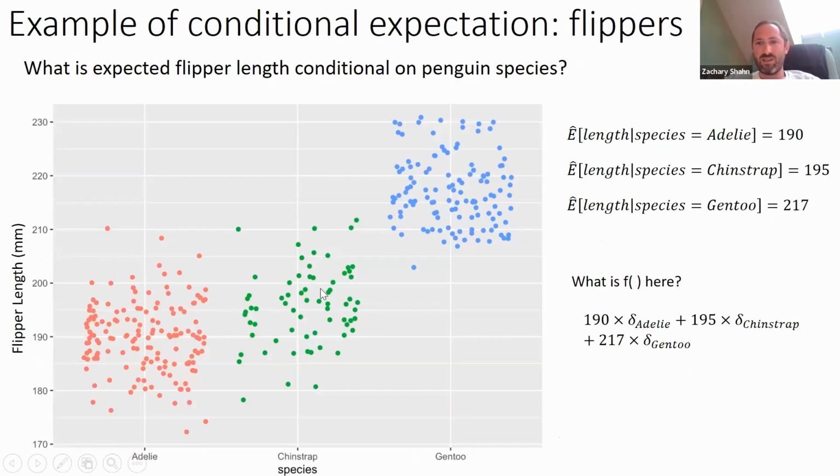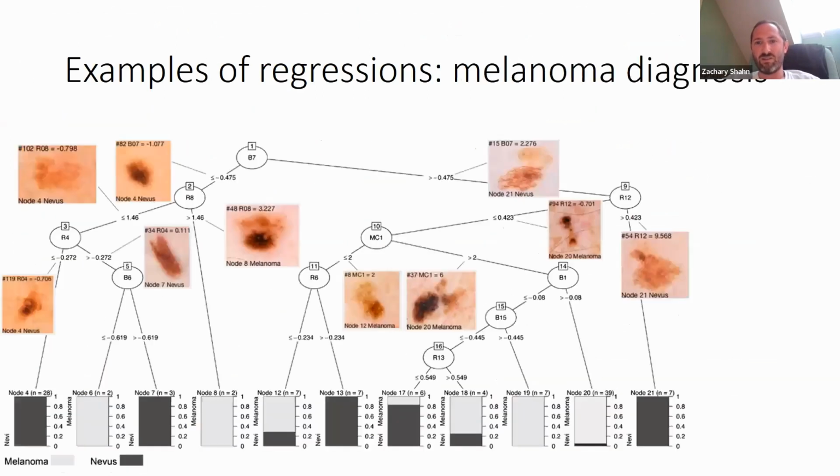The penguin flipper example could also fall under this category, and it could also fall under prediction. You could predict a penguin's flipper length given their species, or you could see that species really does have a strong relationship with flipper length, right? The genera really do have bigger flippers. So that's a descriptive result from a regression.